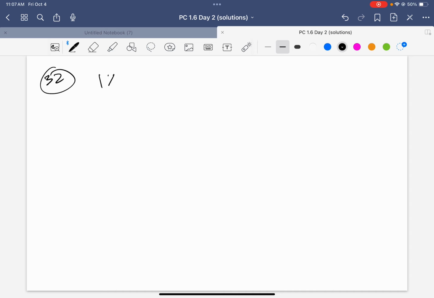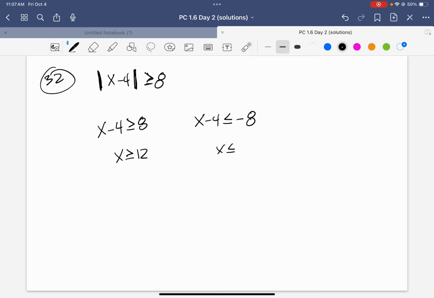For 32, it's absolute x minus 4 is greater than or equal to 8. So I need to solve it. If my size is greater than or equal to 8, then you must have either been greater than or equal to 8, or you must have been less than or equal to -8. So that means you were either greater than or equal to 12 or you were less than or equal to 4.